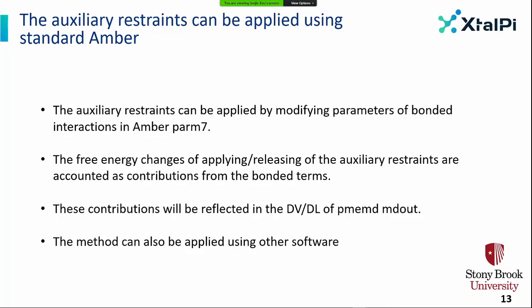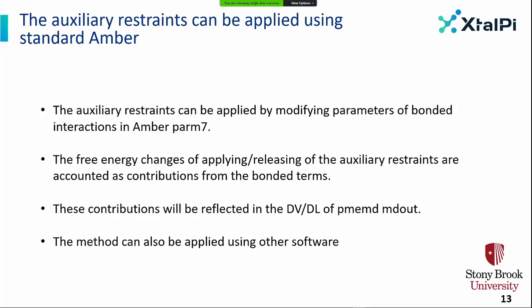All the bond and dihedral angle restraints we use have the regular functional form of molecular mechanics. That means this method can be applied in any software without changing the code. For example, to apply it in Amber, we just modify the parameters of bonded interaction in the Amber PRMTOP file.